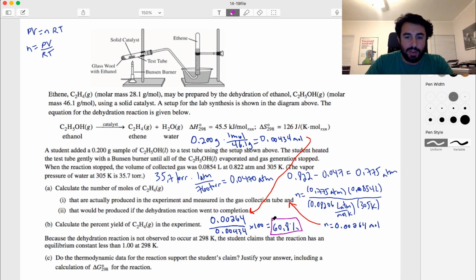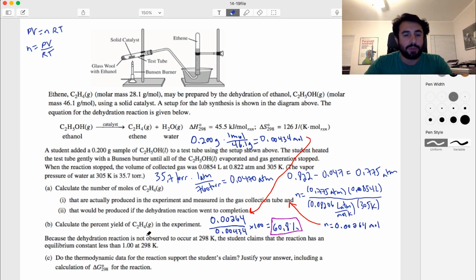So we did an experiment, we got some data, and we used that data to get the actual yield, right? The moles that we collected, and then the theoretical yield, easy to calculate, and then one over the other times 100% yield. So we definitely want to be able to do that.